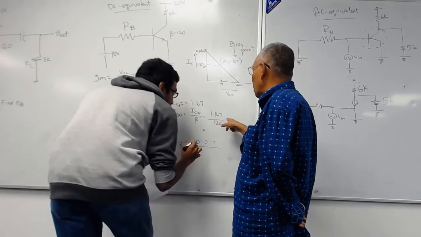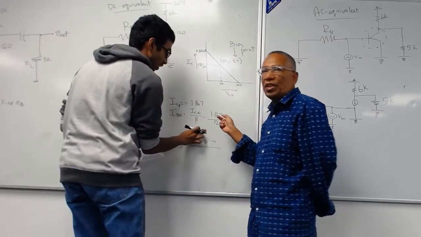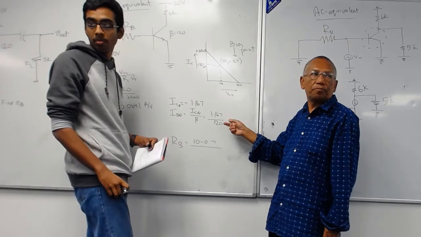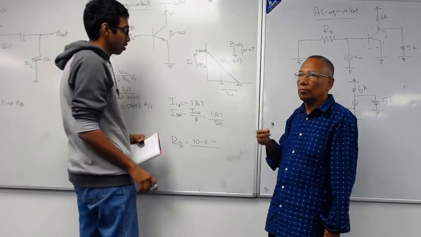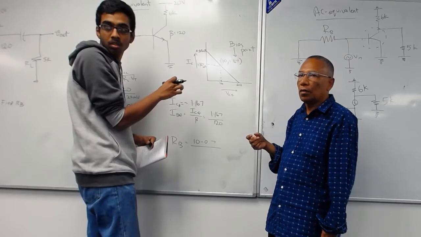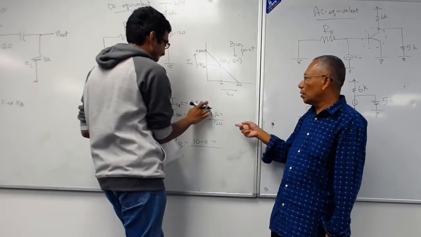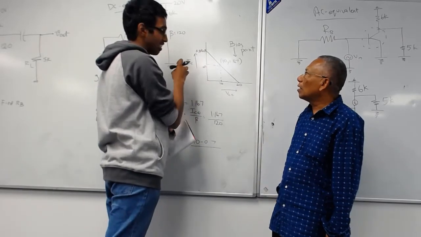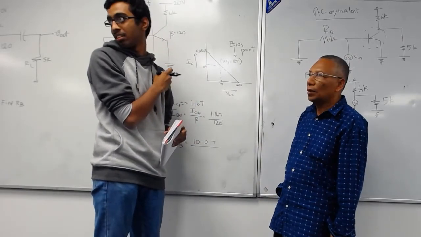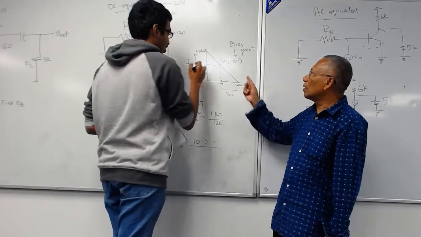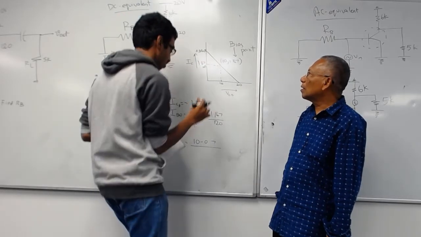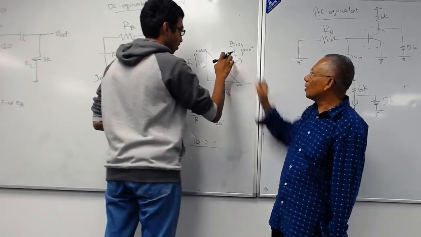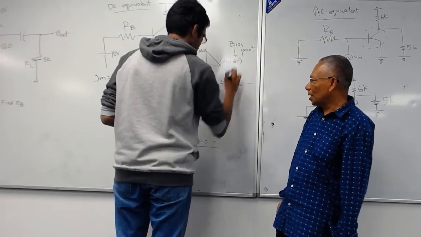How much is this? Can you calculate 1.167 by 120? It's 1.38888, I think. That's not what I got. Half of that is how much? 1.67. Yeah, there's no one. So this is 1.67, is it? Yeah, 1.67 over 120.